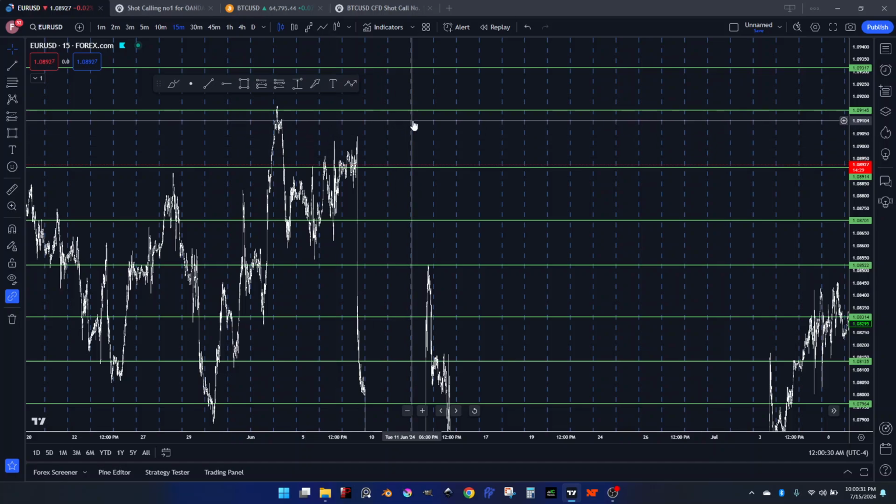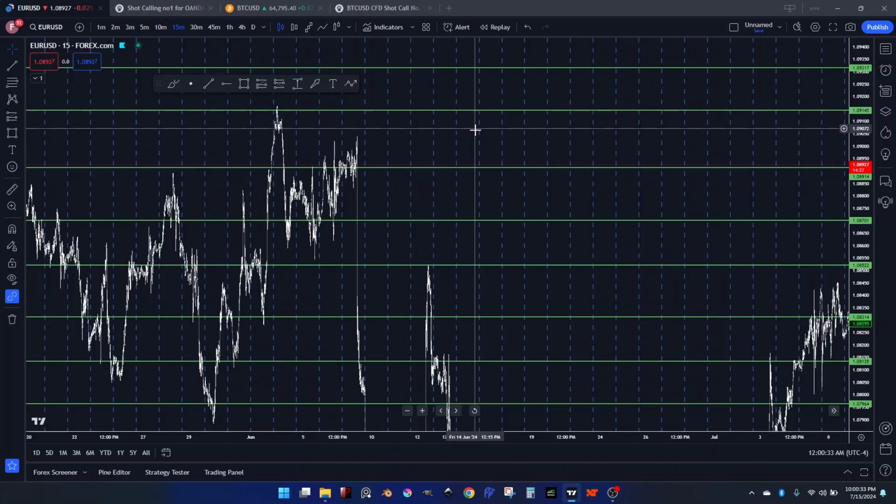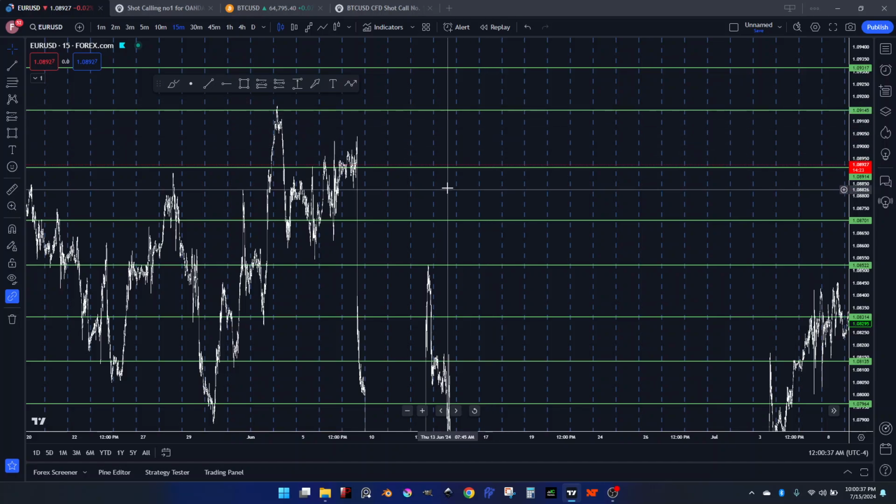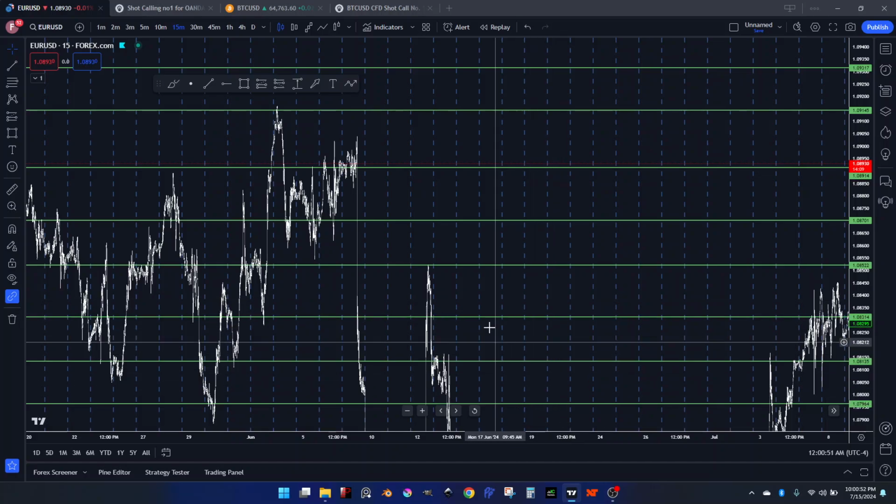And then you can notice here that we have about 25 or so pips there, and there's about another 22 pips there. And that, if you kind of average that out, you get about 50 pips if you're skipping every other level.